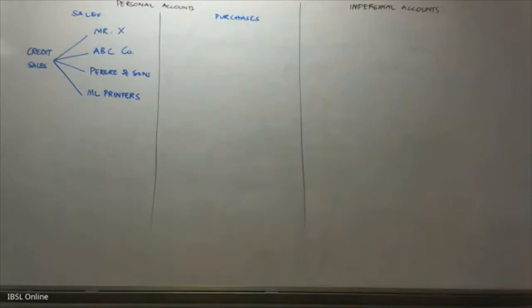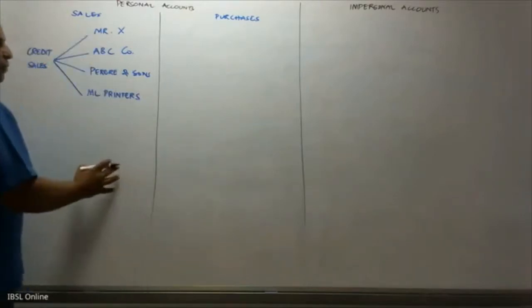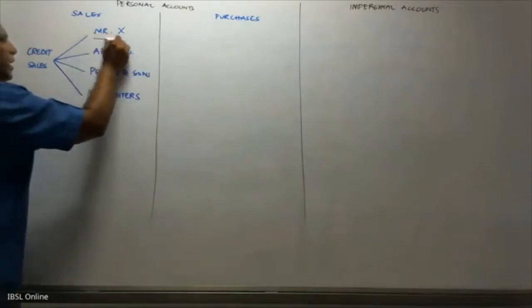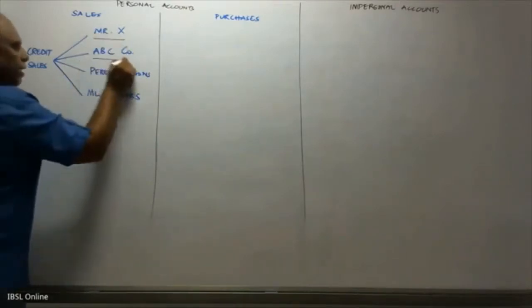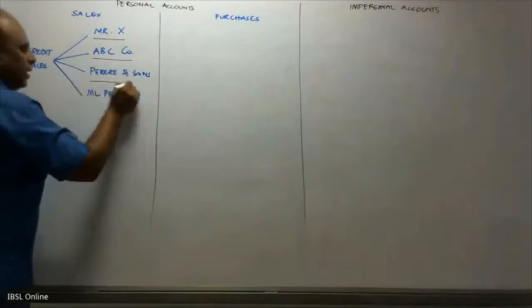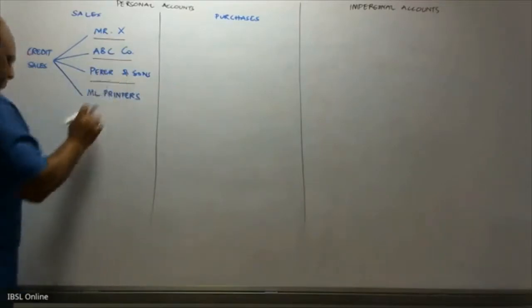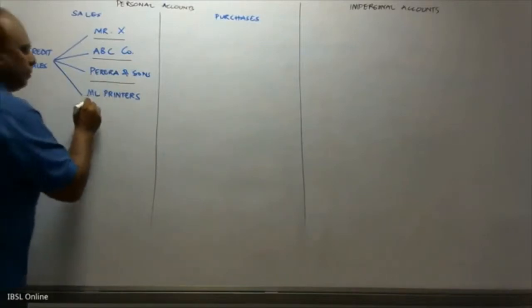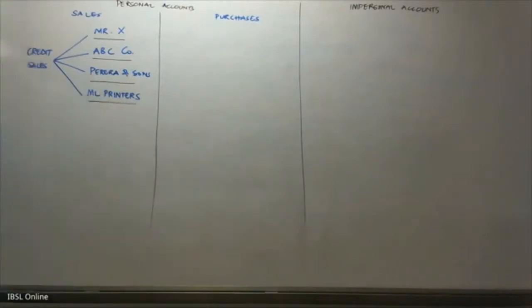Now, from the business point of view, this particular business will have accounts in the name of Mr. X, in the name of ABC company, in the name of Pereira, and in the name of ML printers. Individually, you will have T accounts.